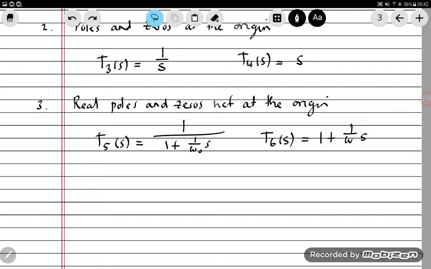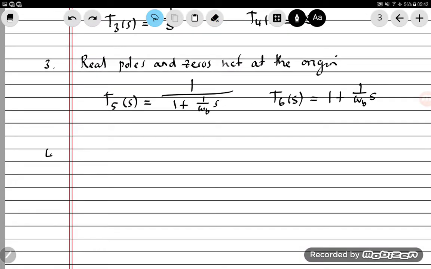To avoid confusion with the omega naught we used earlier, I'm going to use B, because, as I'll explain later, this omega which we use here is called your break frequency.